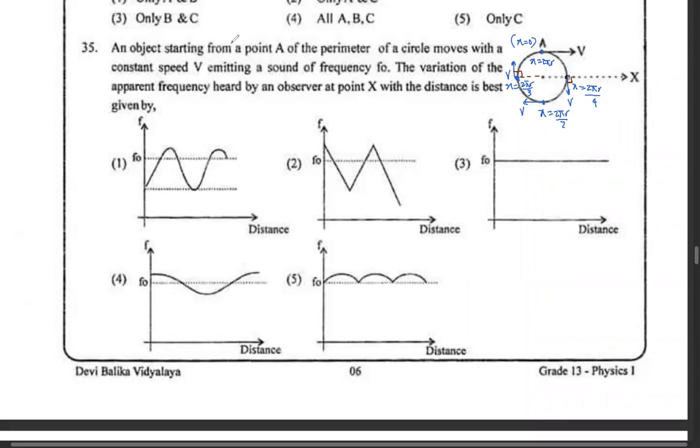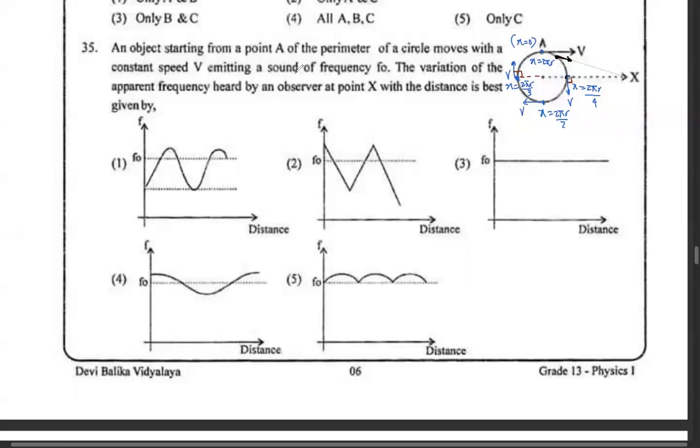Not at A, it should not be at A. At A, it's not going to be maximum. It's slightly down; when it is directly towards X, it will be maximum.